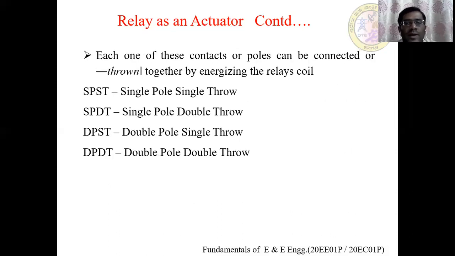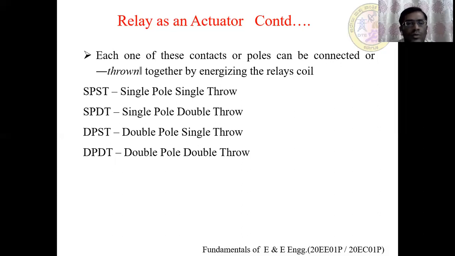Each one of these contacts or poles can be connected, or thrown, together by energizing the relay coil. These contacts are called SPST, single pole single throw; SPDT, single pole double throw; DPST, double pole single throw; and DPDT, double pole double throw.